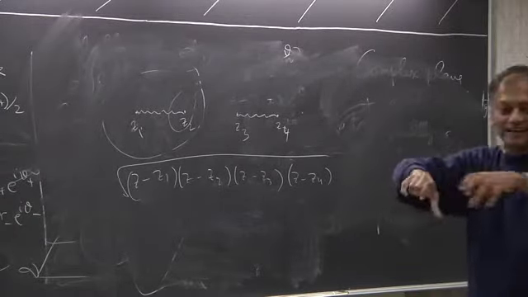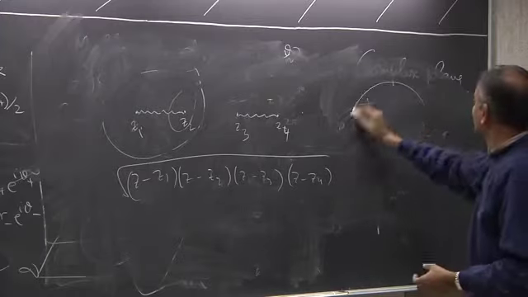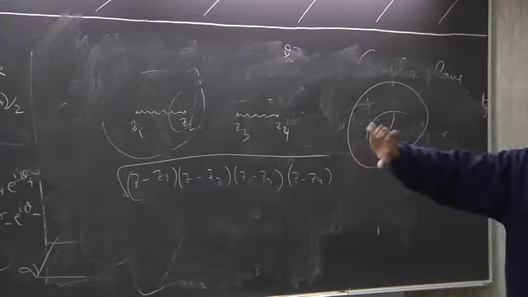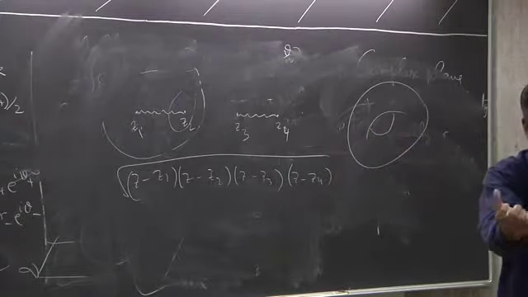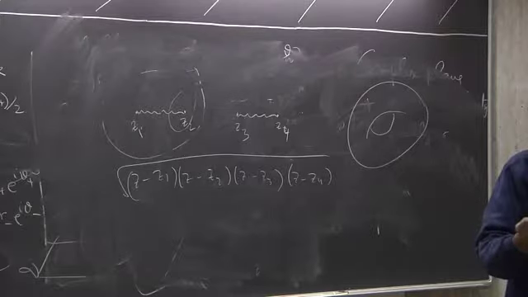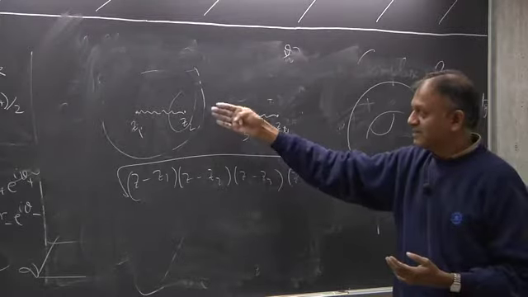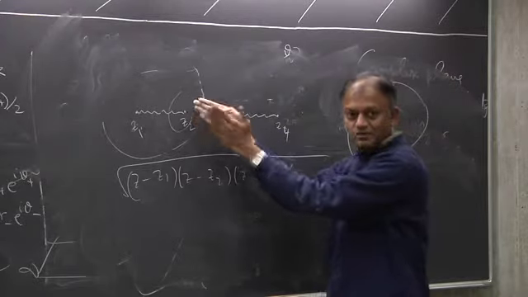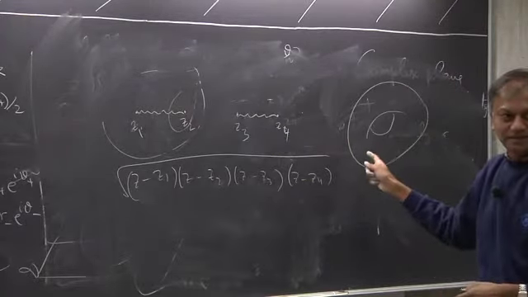If you take a ring, like this, how to draw it? You know what I mean? Take a cylinder and join the 2 ends, so it becomes a ring. The surface of the ring is, of course, 2-dimensional. And the claim is that this Riemann surface that you get by gluing the 2 sheets is topologically the same as that.